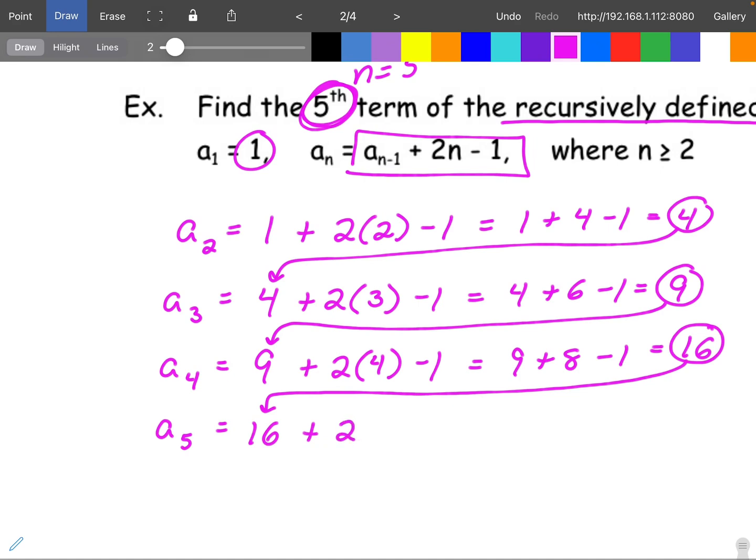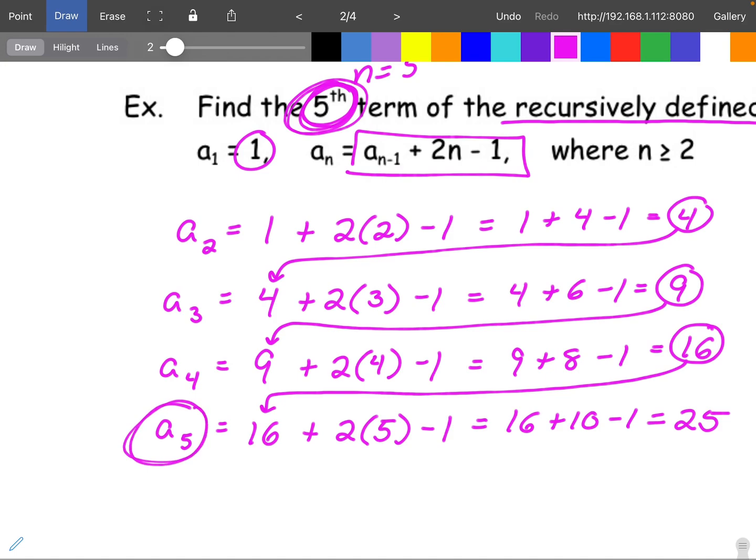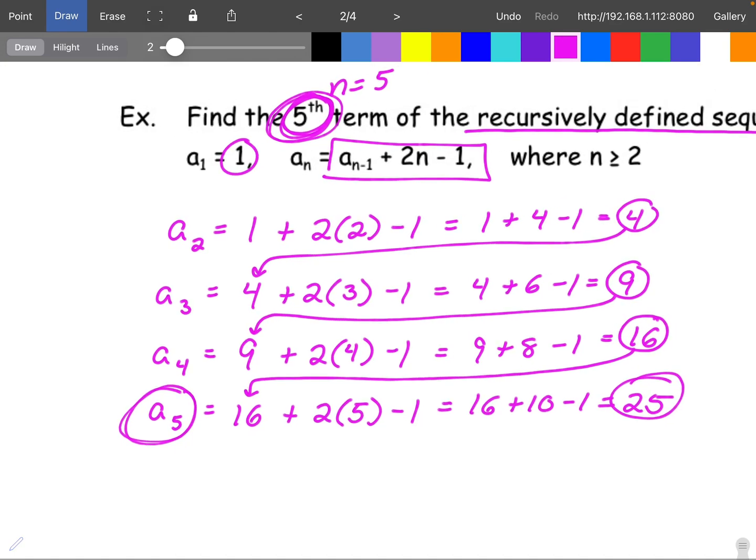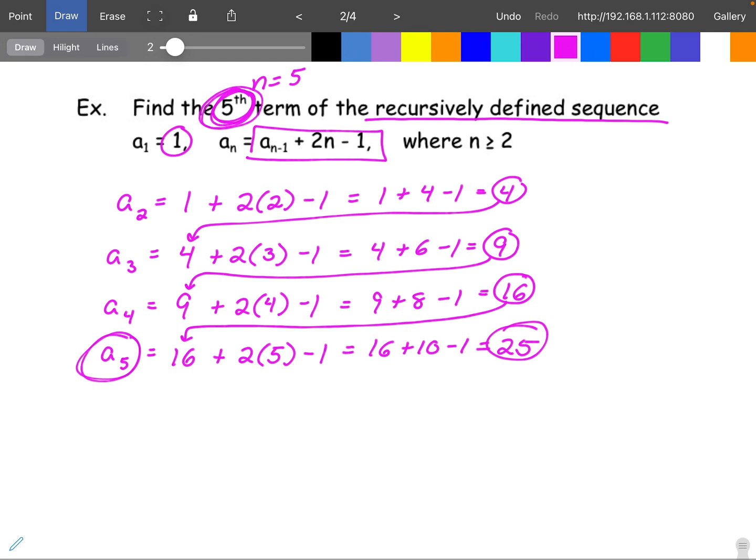So that's going to be our 16 plus 2 times n, and n is now 5 because it's the fifth term, minus 1. So we have 16 plus 10 minus 1, and that's going to give us 25. So we wanted the fifth term, and we now have the fifth term, which is 25.